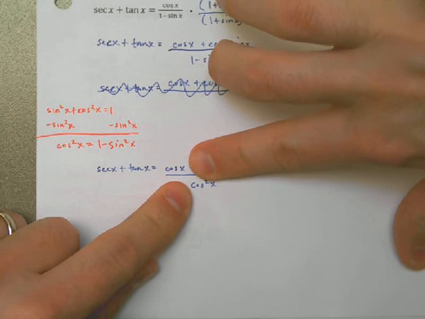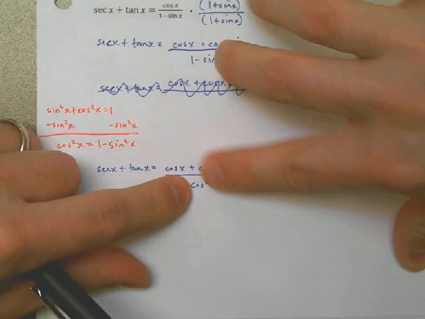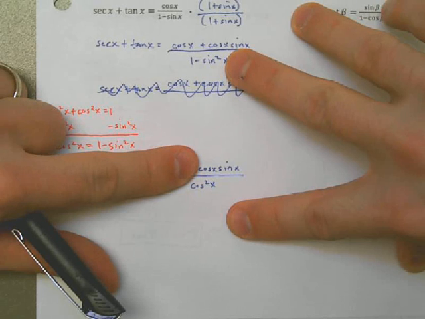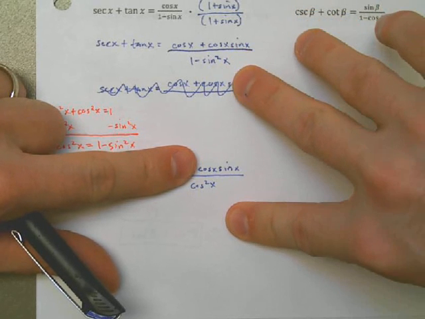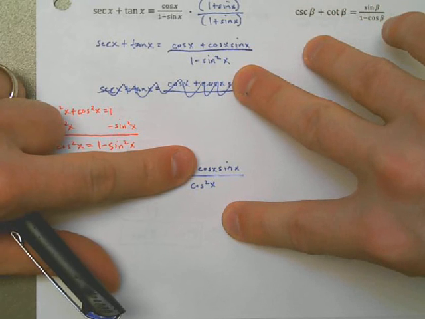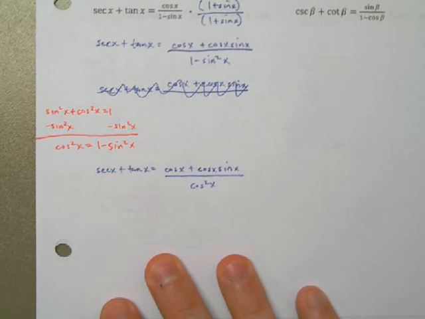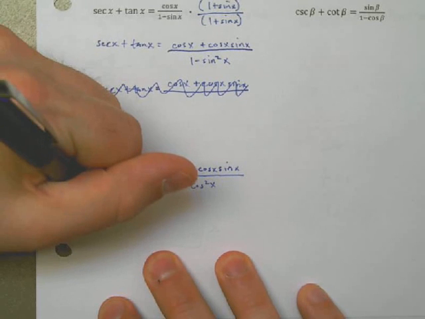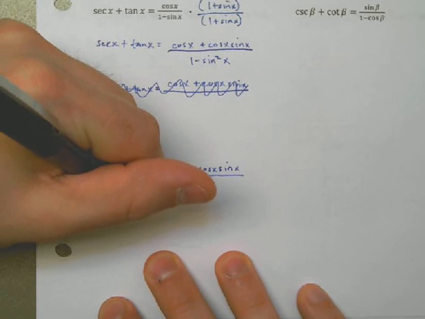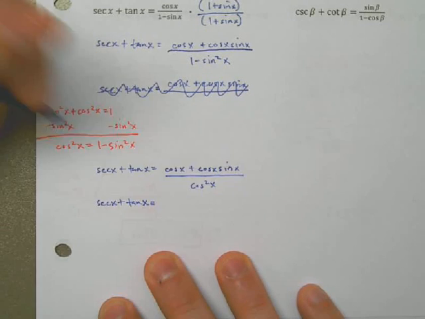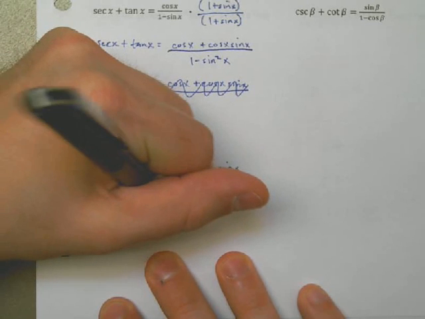So if I have sine squared beta plus cosine squared beta is equal to 1, and I want to know what 1 minus cosine squared is, it looks like I need to subtract the cosine squared from both sides. I end up with sine squared beta is equal to 1 minus cosine squared beta, right? So that means I can replace the denominator on the right side with sine squared. The numerator doesn't change, but the denominator is now sine squared.